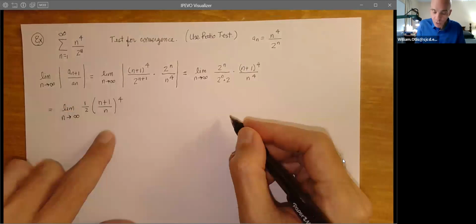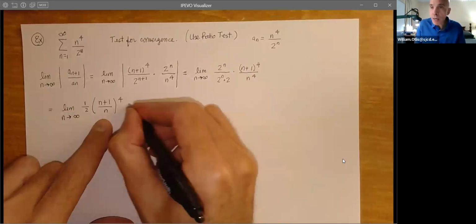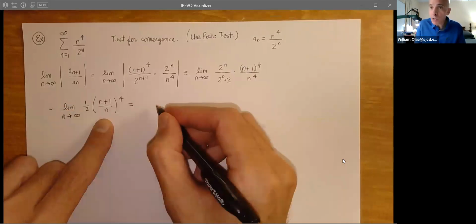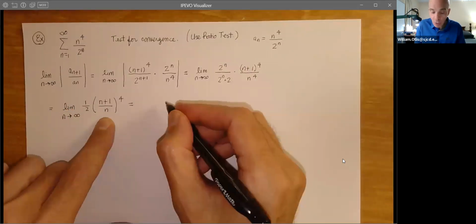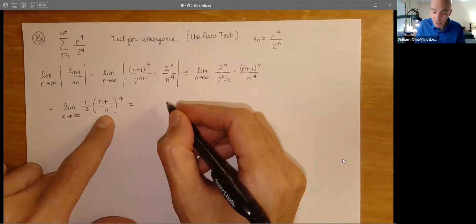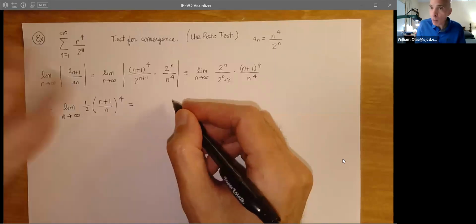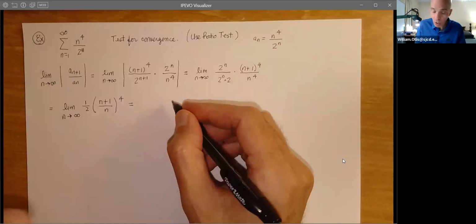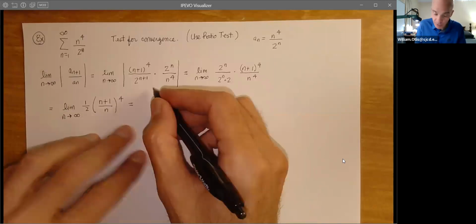Now, of course, we're just back to calculus 1, where you didn't know much, but you hopefully worked hard. We can factor the 1/2 and move the limiting process inside by continuity. We just have a simple power function, which is continuous for all n, especially just the positive integers.